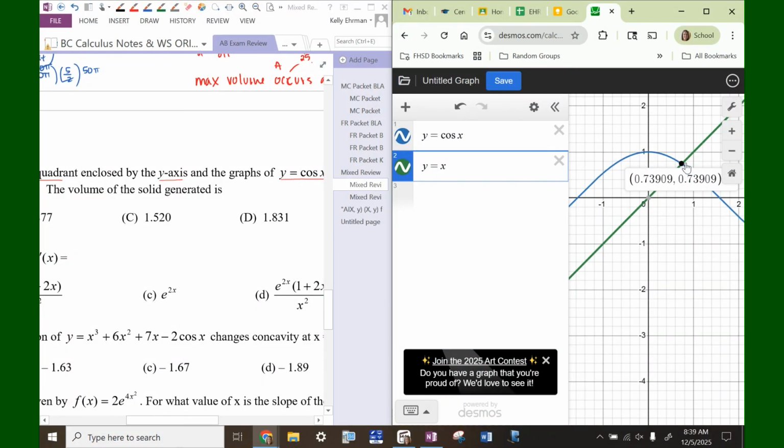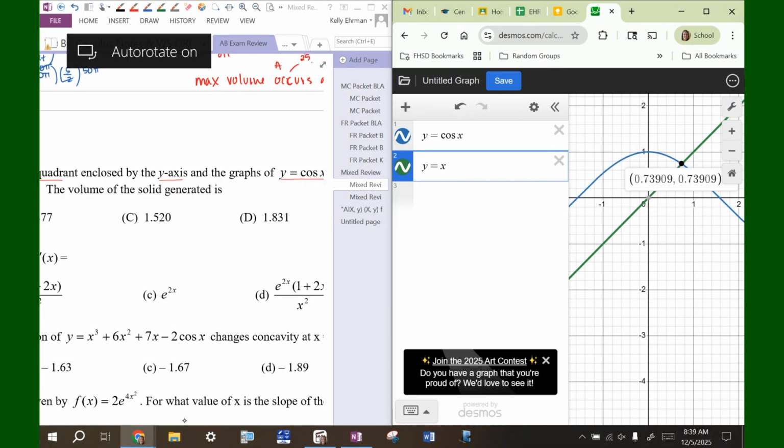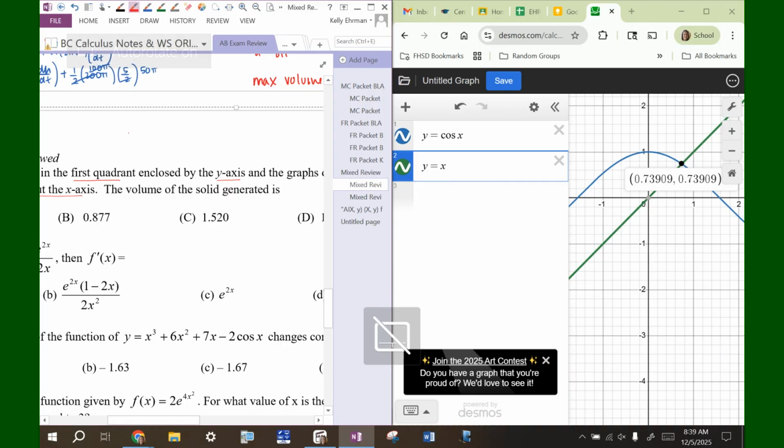Even though I'm using the graphing calculator, it is a good idea to sketch what you're talking about. So I've got the line y equals x, this y-axis and a bit of the curve here. And we're not going to round this. It's 0.73909. And we're revolving around the x-axis.